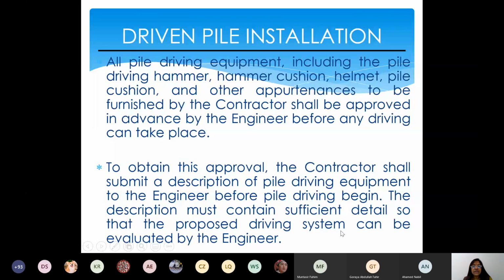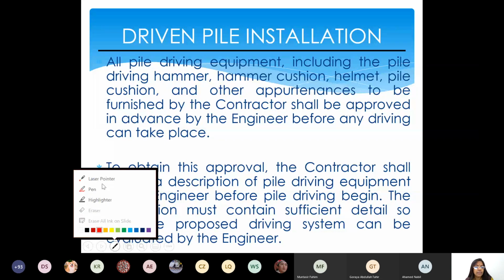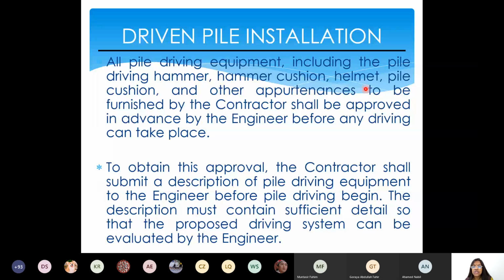Okay. Driven pile installation. All pile driving equipment, including the pile driving hammer, cushion, helmet, pile cushion, and other appurtenances to be furnished by the contractor, shall be approved in advance by the engineer before any driving can take place.